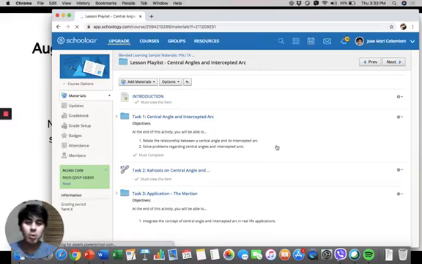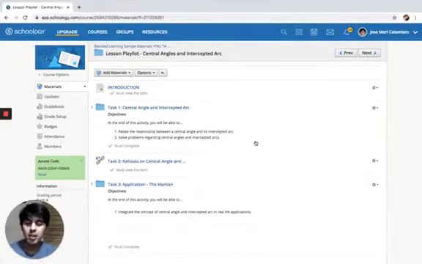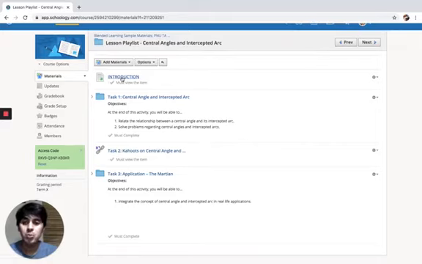As you can see, it is somewhat different from the normal setup, because it is not divided into content and assessment. Instead, it is divided into 3 tasks: Task 1, Task 2, and Task 3.